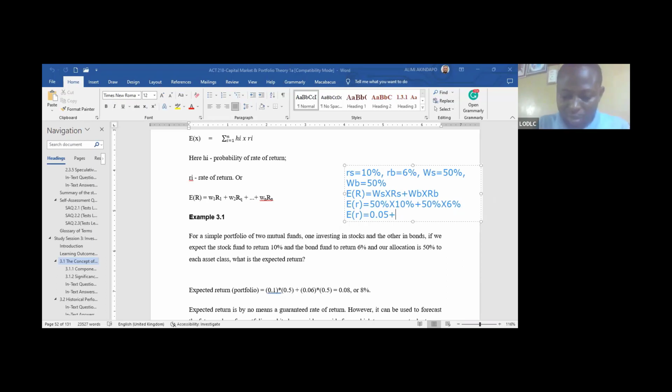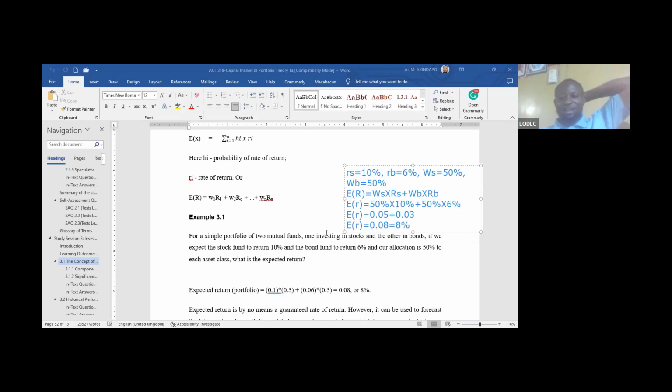That is 0.03. So expected rate will now be 0.05 plus 0.03. That is 0.08, which is approximately equal to 8%.